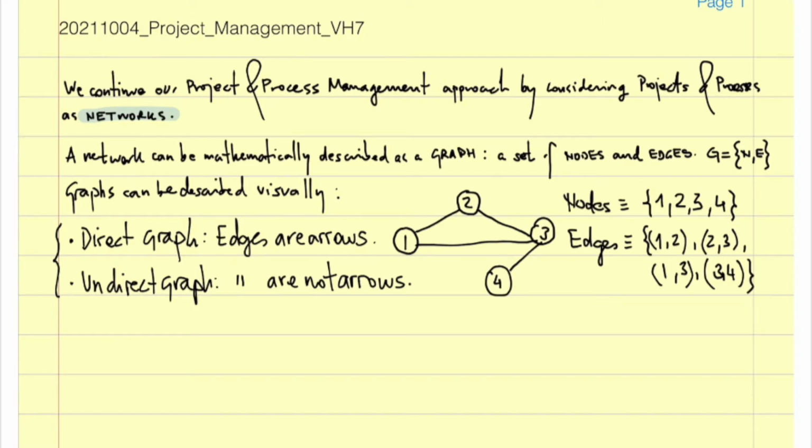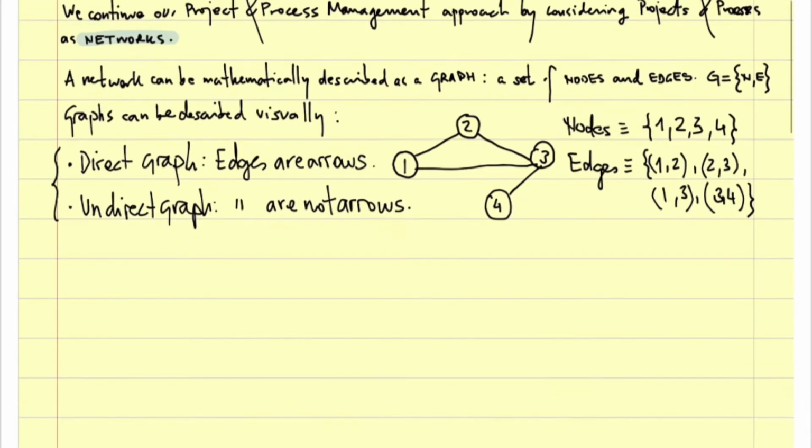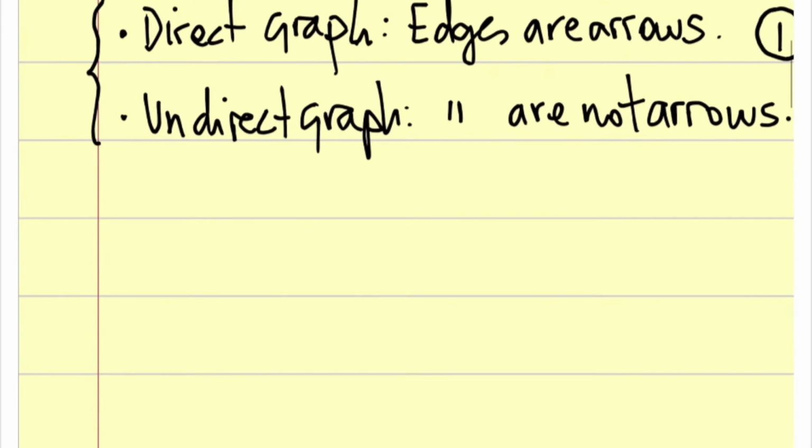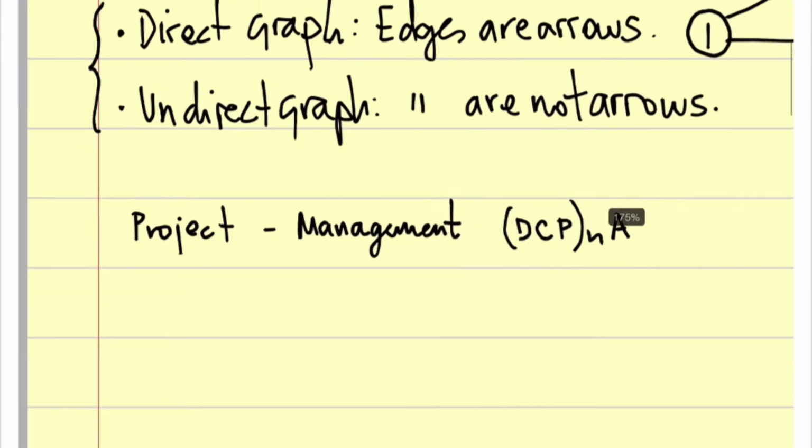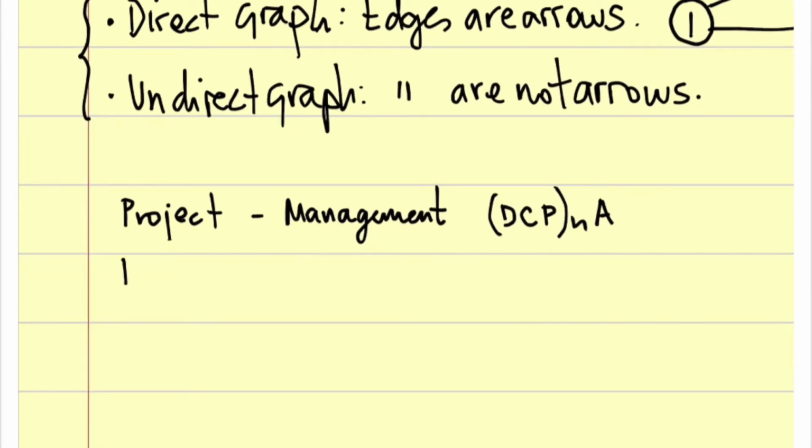So we can look at a project. Let's say a project. And our project management tool called PDCA has a do part, which is the so-called Gantt diagram.